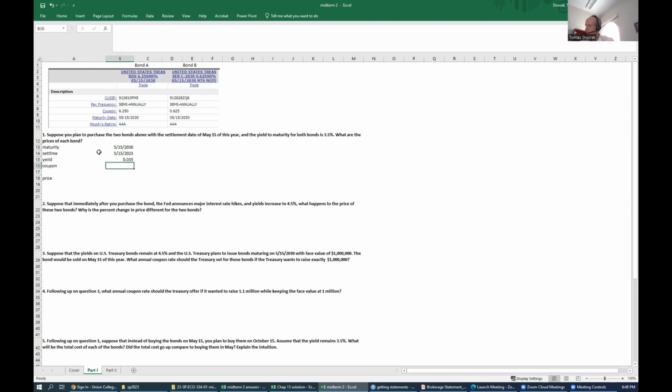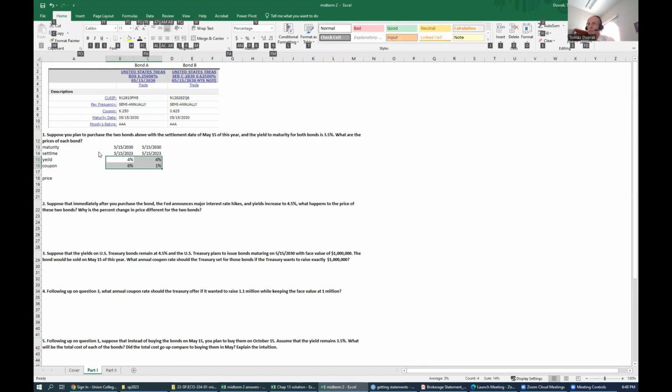And coupon is 0.0625 for this bond, and it's 0.00625 for this bond, and the rest of this is the same, so we can do Control R on this. Let's format these two as percentages, adding a decimal place.